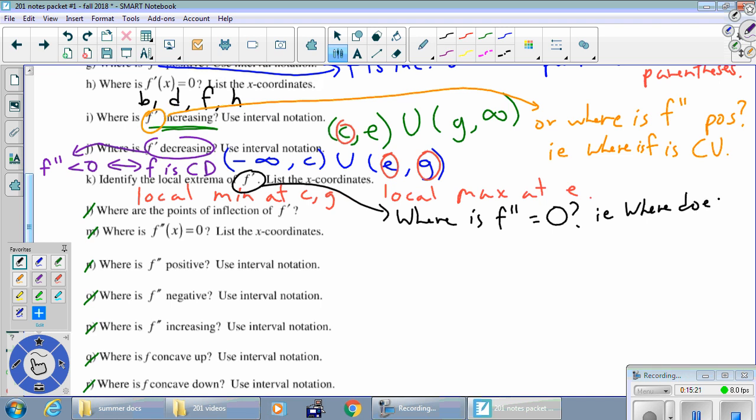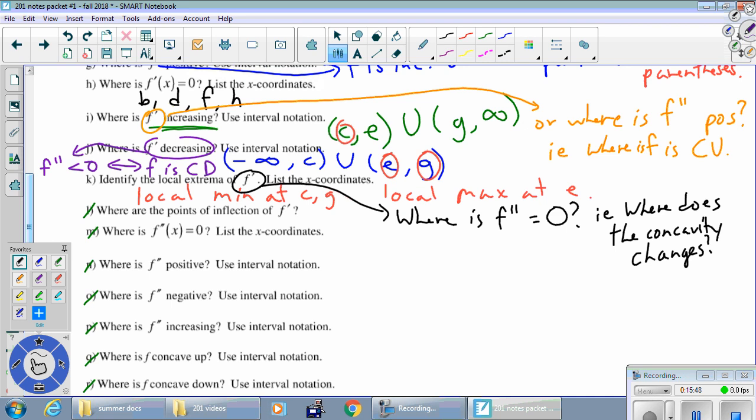are places where concavity changes. Where is f double prime equal to 0 and where the concavity changes. So points of inflection are what we're after there. To be honest, the f double prime equal to 0 captures some things that potentially aren't local extrema.